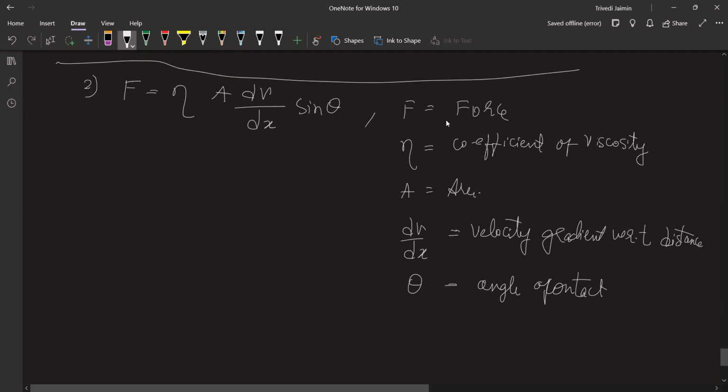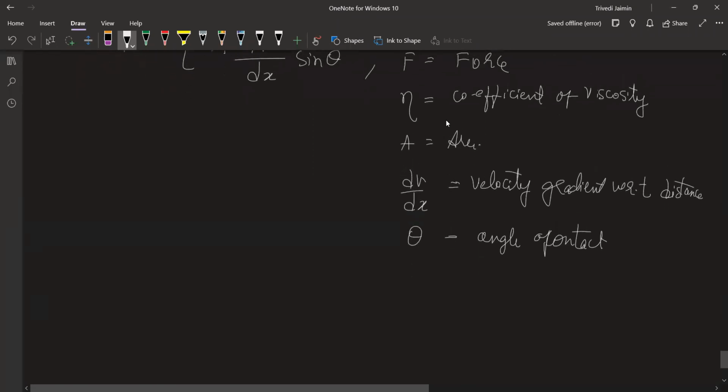Now, first of all, we know the force dimension and the area dimension, and the coefficient of viscosity you can search from that list. Now, what will be the dimension for angle of contact? It will be length by time, I guess. No, dear, there is no dimension for those things. Keep this in mind or make a note of it.